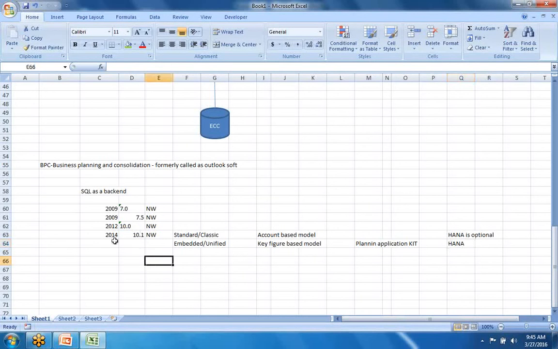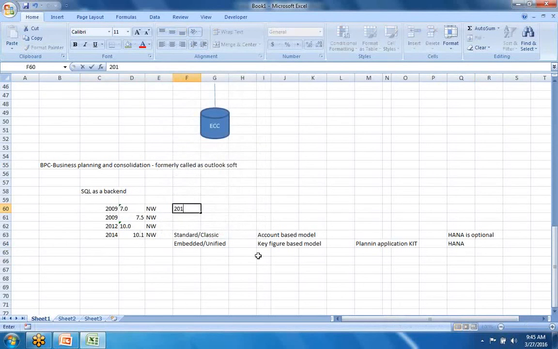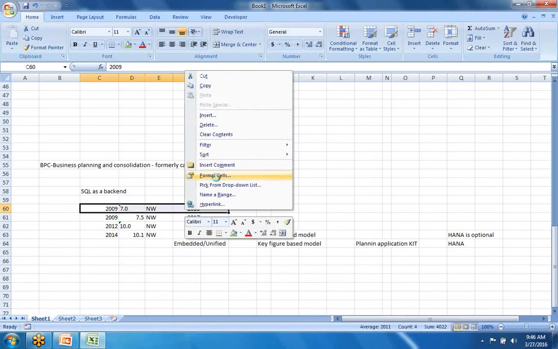So this was decommissioned in the year 2013. That means the end of maintenance was 2013. For 7.5 the end of maintenance is up to 2017. For 10.0 it is 2020, and for 10.1 also it is 2020. So the earlier version is no more maintained by SAP.